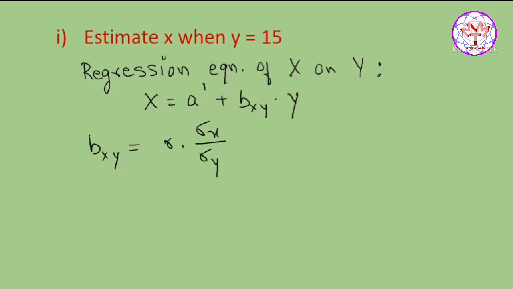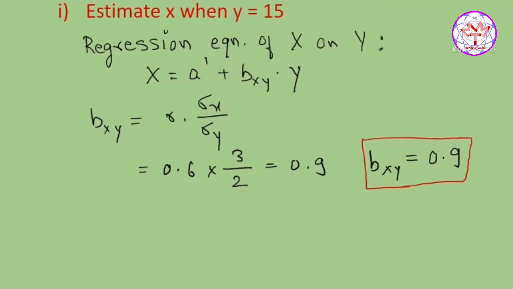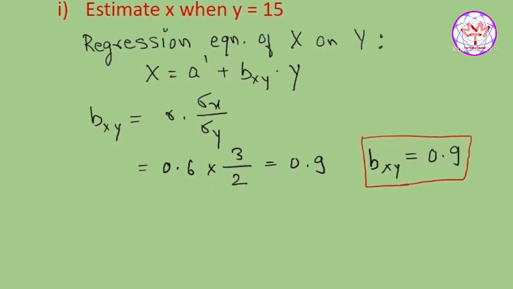We have used this formula many times now. R is 0.6 into sigma x is 3, sigma y is 2. So this is 0.9. bxy is 0.9.